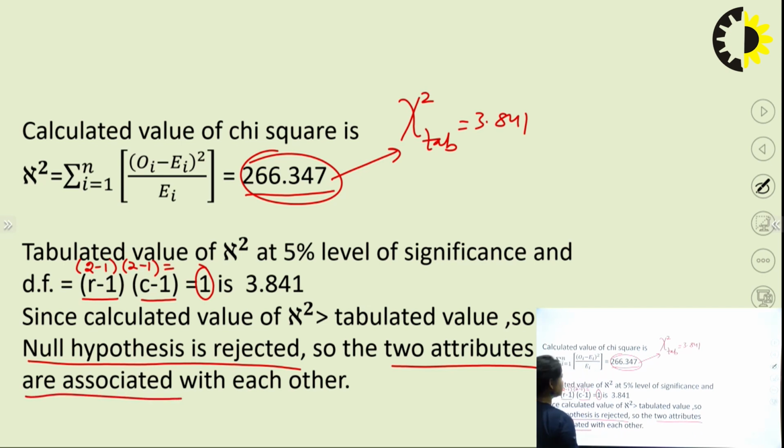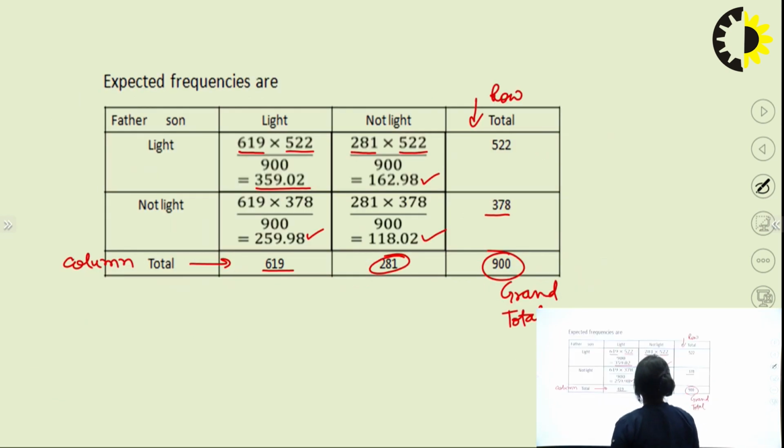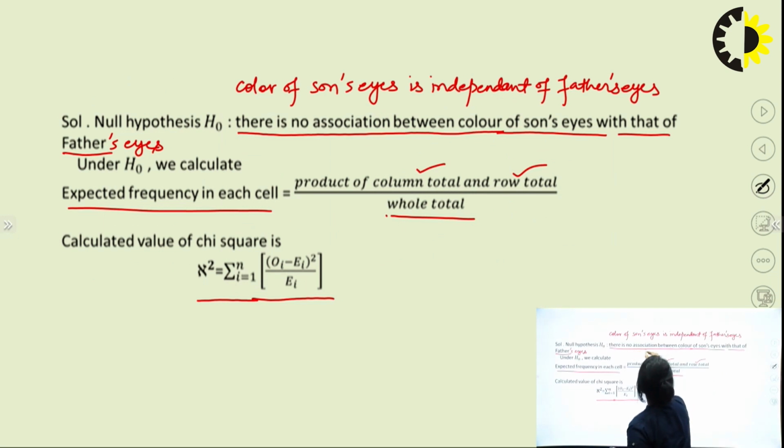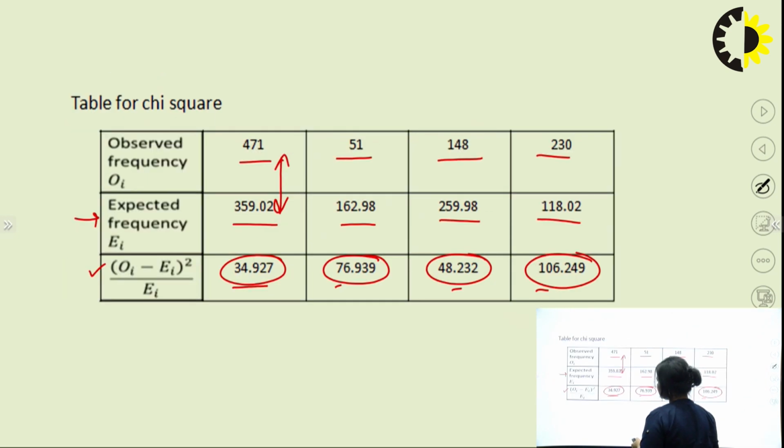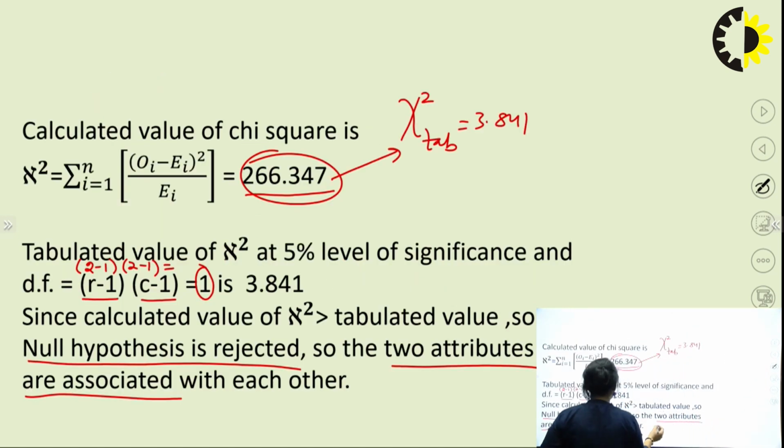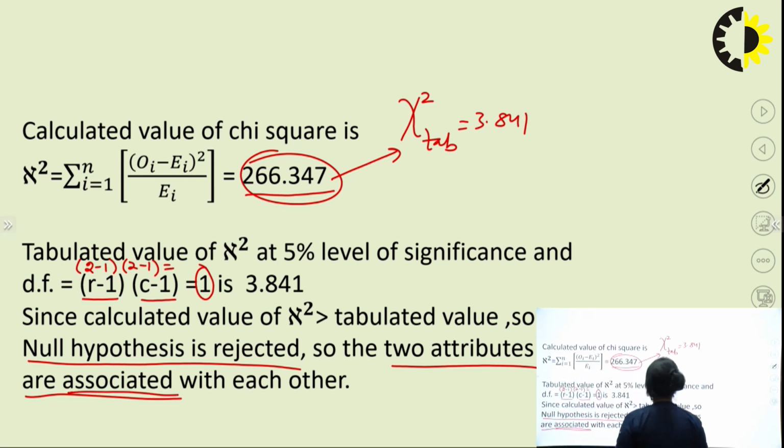That means the color of the son's eye and father's eye are associated with each other. Because this was our null hypothesis, we considered that there is no association between color of son's eye and father's eye, but we have found that there is an association. They are associated with each other.